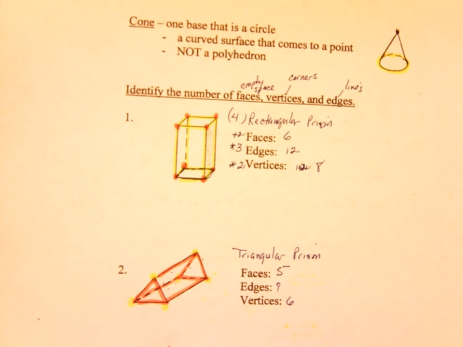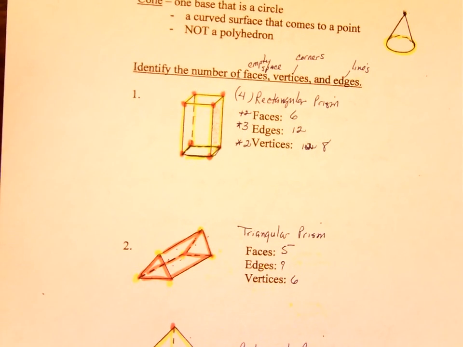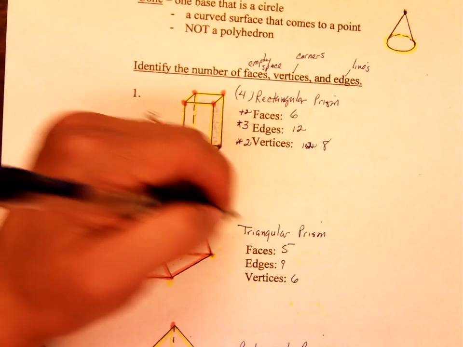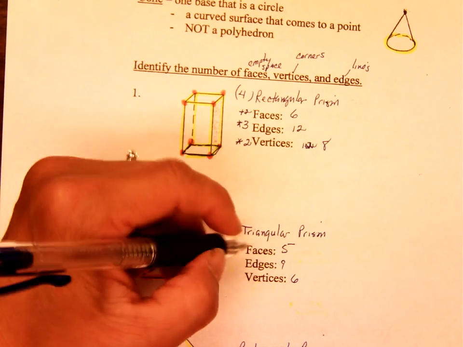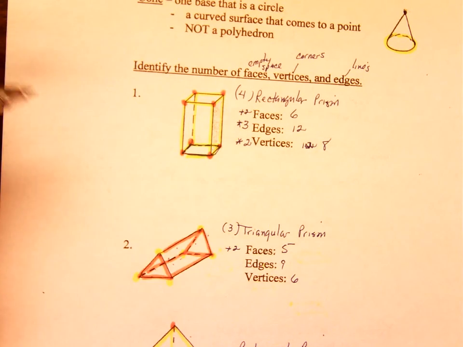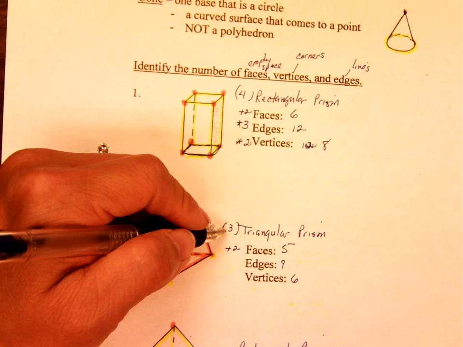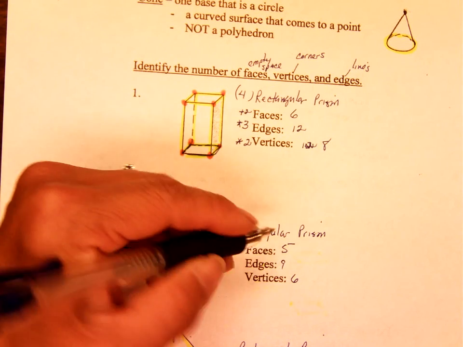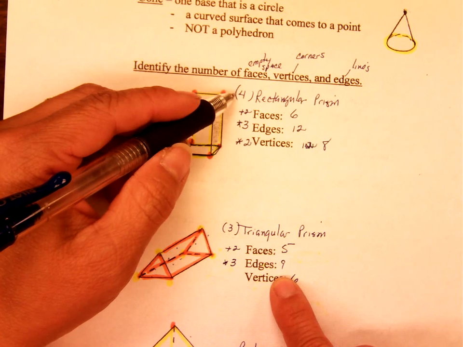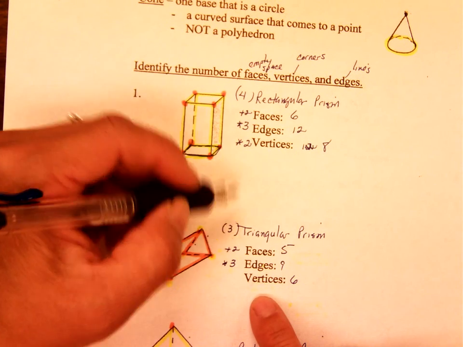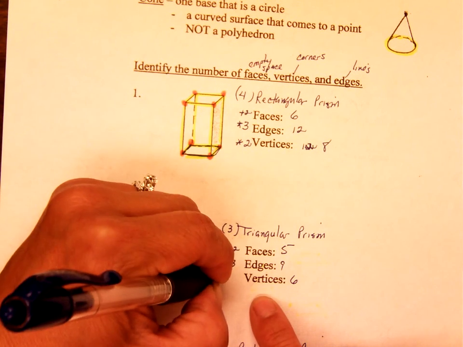So now let's see if that worked for number 2. Faces. Well, triangular means it's got 3 sides. We said that you add 2 to get the faces. You multiplied by 3 to get edges, and we get 9, yes. And then we said you multiplied by 2 to get vertices. 3 times 2 equals 6.